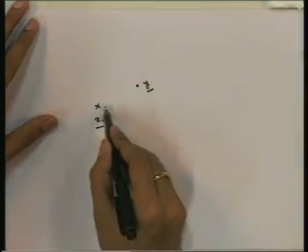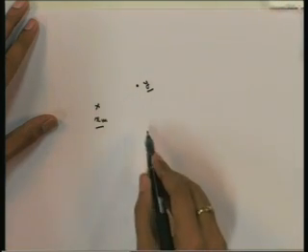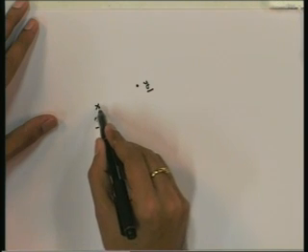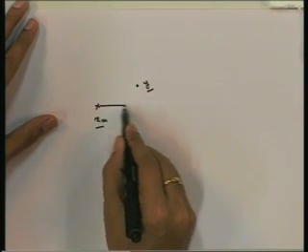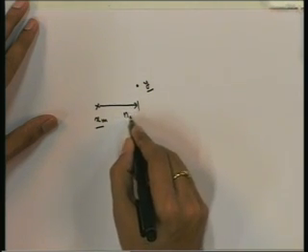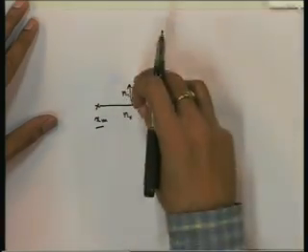So, n0 will be added to the first component x0, then the second component will be added with n1. So, if this is the receive point, then from here to here this vector is n0. Similarly, this vector is n1, this much, and this is n0.